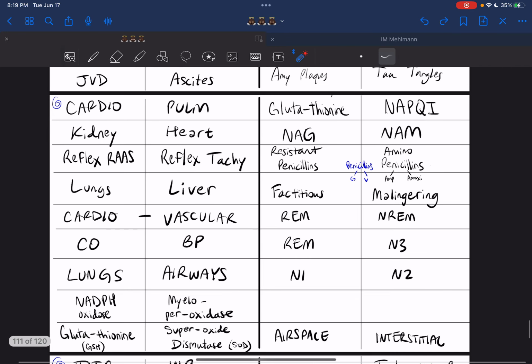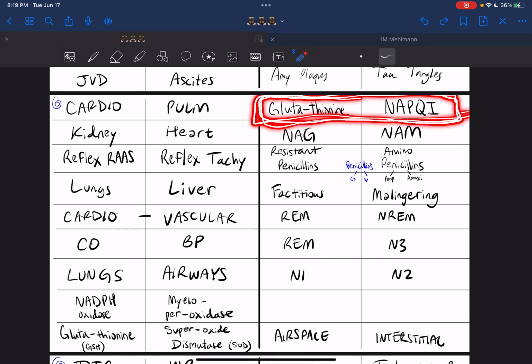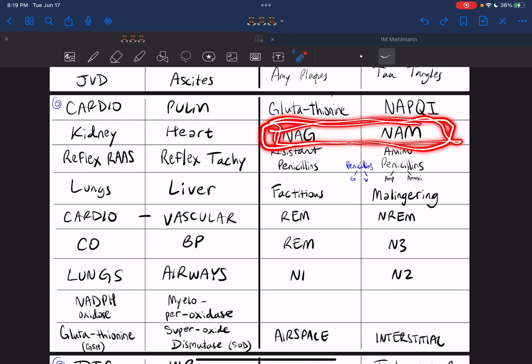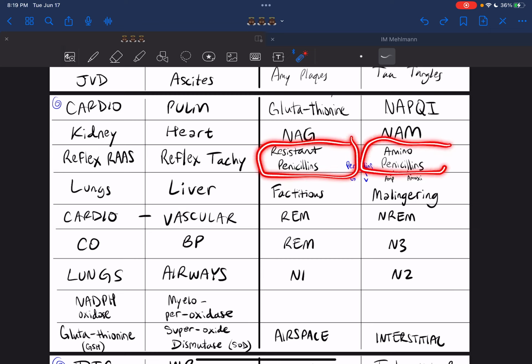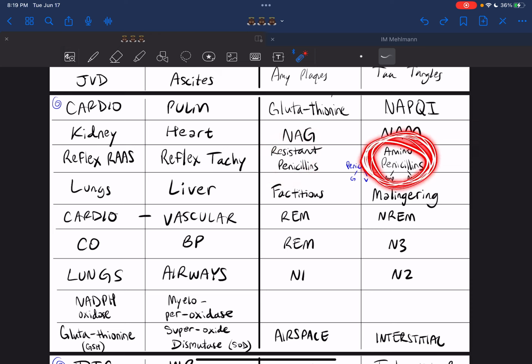Then you have glutathione and NAPQI, which both protect you against something. I think ROS or something. I don't remember. Then you have NAG and NAM, the two sugars that make the bacterial cell wall. Then you have resistant penicillins versus aminopenicillins. The tough pencils is my nickname versus the sharp pencils.